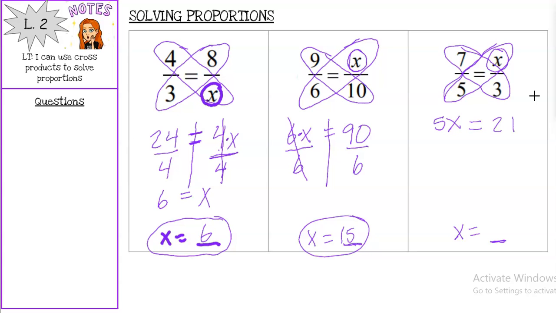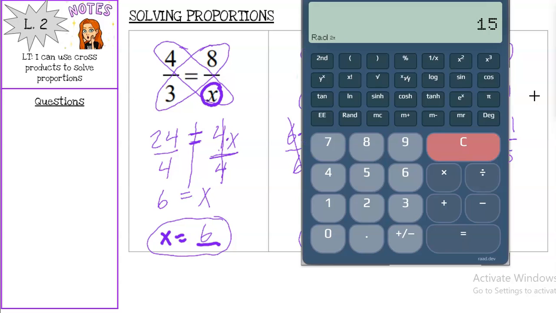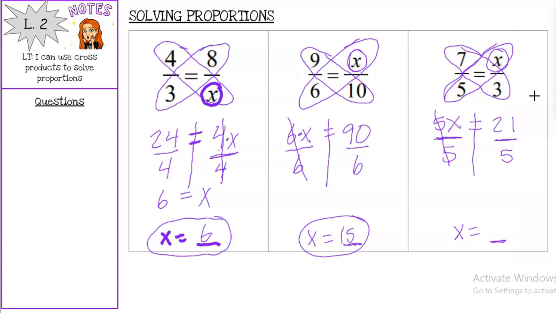Set those equal to each other. And then get x by itself by dividing by that number next to it. Divide by 5, divide by 5, and we get x equals 21 divided by 5, and we get 4.2. And just so you are aware, sometimes we will get decimal numbers, and that is okay.